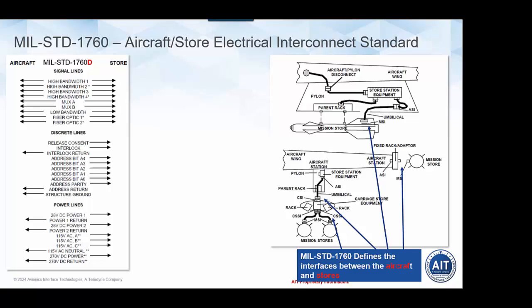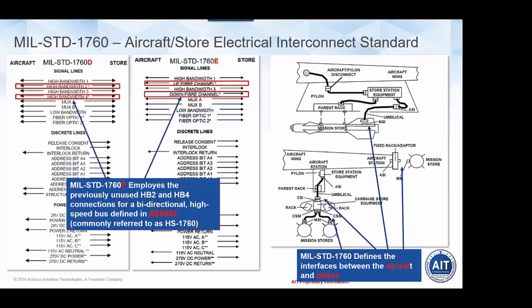They were left for future growth in the original standard. When 1760E came along, 2 of those 4 were utilized for HS1760, or high-speed 1760. So basically, they were used as an uplink and a downlink, or a bidirectional link, in a Fibre Channel link interface.